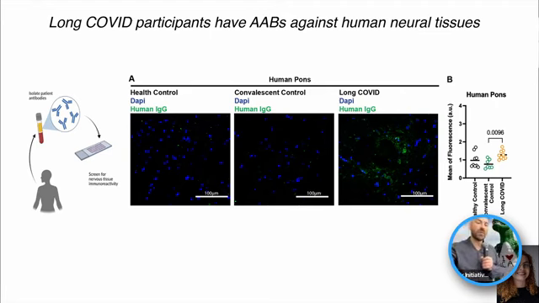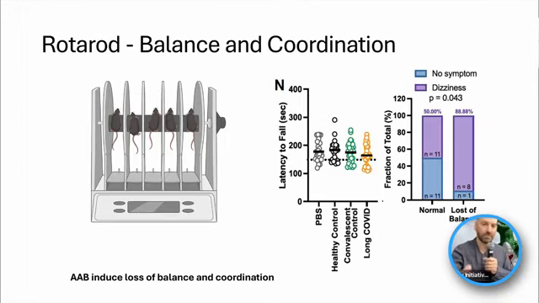And the first thing she did was she showed that the antibodies that she took from people with long COVID would preferentially attack human neural tissue. So meaning that there were autoantibodies present in those antibodies that would be reactive to nerve tissue in humans. So there's something going on in at least a subset of folks with long COVID that leads to autoantibody activity that attacks tissue around it.